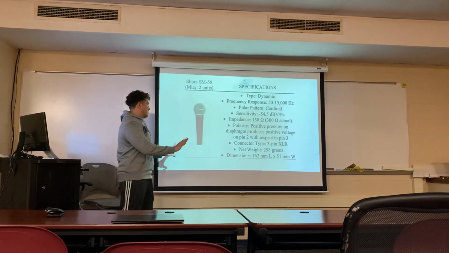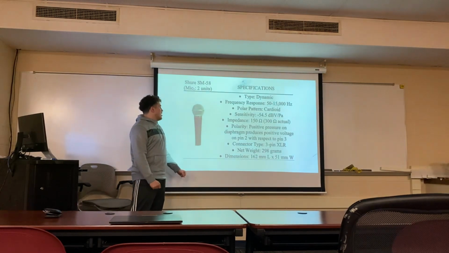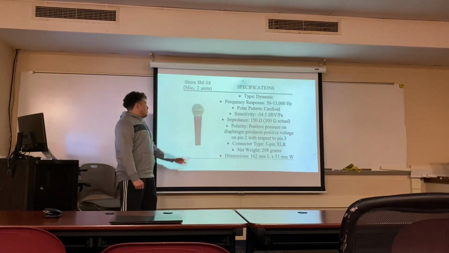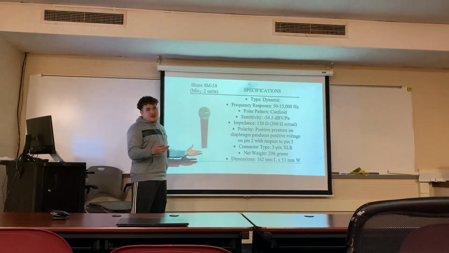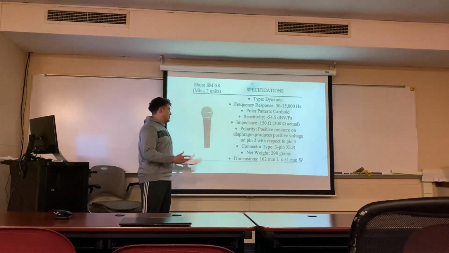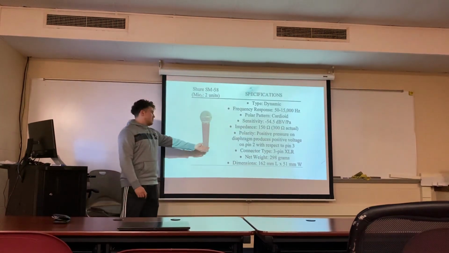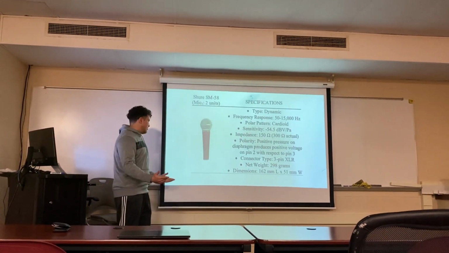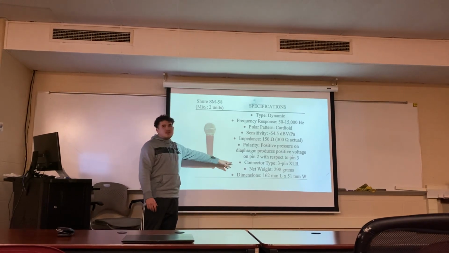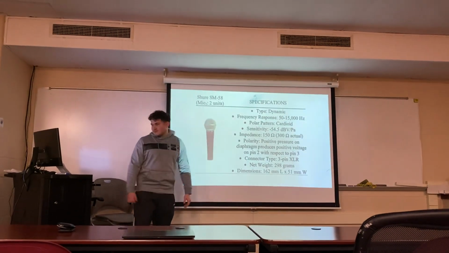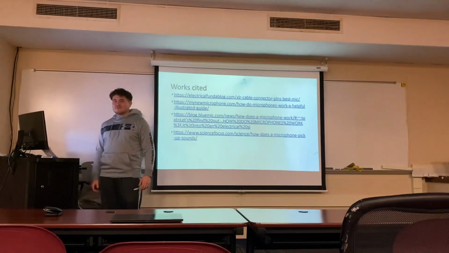That's not really important, not the specifics. So polarity, basically what I explained earlier, positive pressure on the diaphragm produces a positive voltage. Connector type, your 3-pin XLR, as I already explained. And then you just have your dimensions and your weight right there. And that's it.